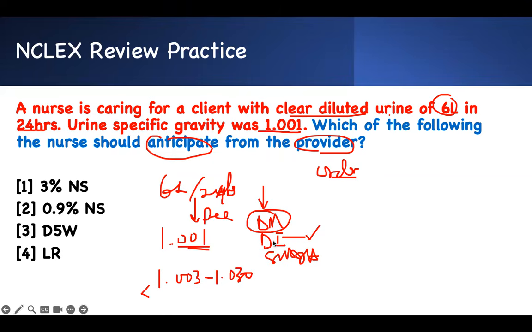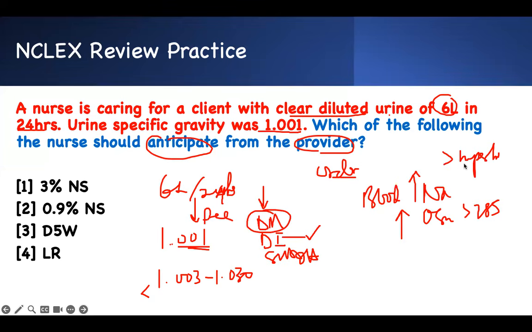So if I'm in diabetes insipidus and I'm pouring a lot of water out, and my specific gravity is that low, I expect my blood osmolarity to be high. It's greater than 285. So high blood osmolarity, and my sodium is going to be high. If my sodium is high, it's going to be hypertonic. So I have a hypertonic state outside my cell. Sodium is almost like 150. That's going to be high.